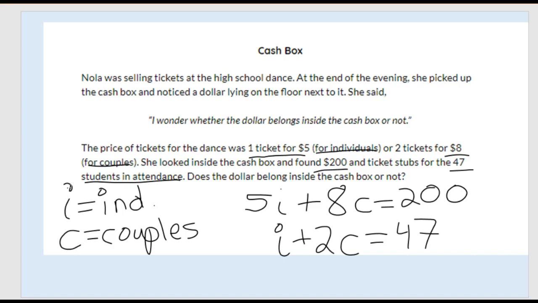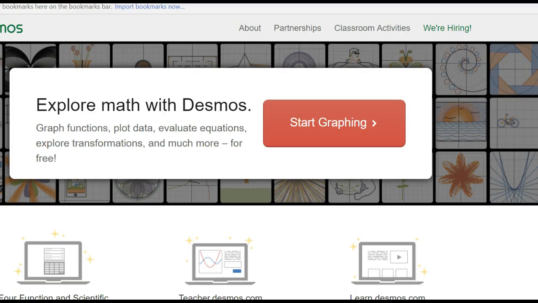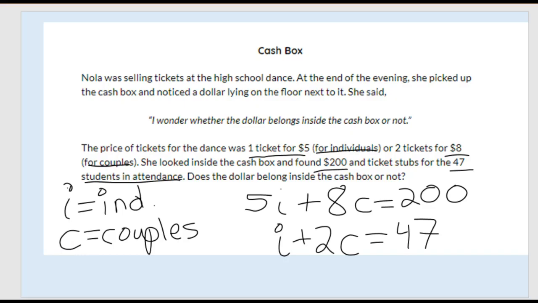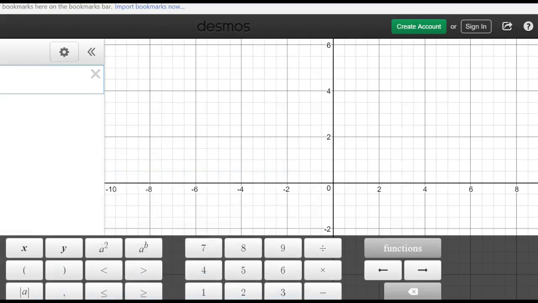What I'm going to do next is go to desmos.com. I'm going to press start graphing, and I'm going to type in both of my equations. My first equation is 5i plus 8c equals 200. But instead of I, I'm going to use x, plus 8, instead of c, I'm going to use y, equals 200.